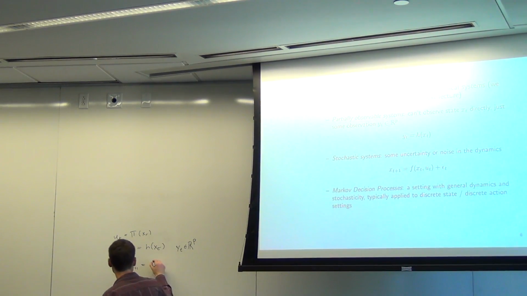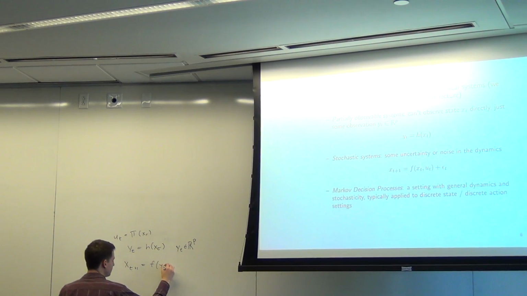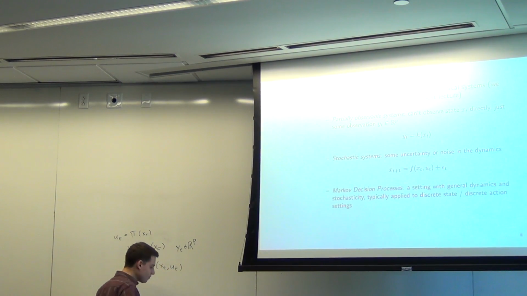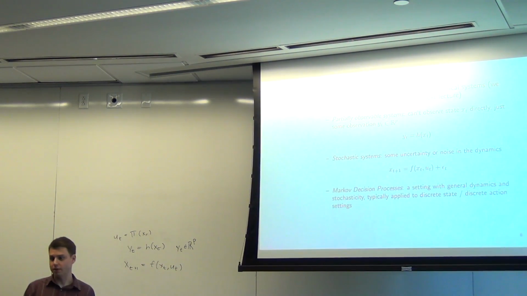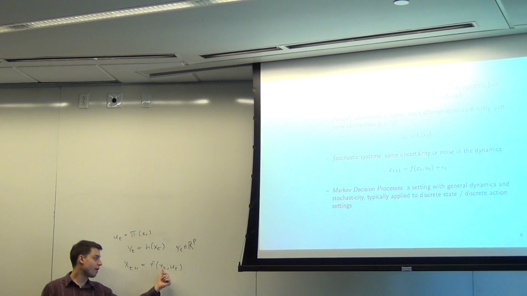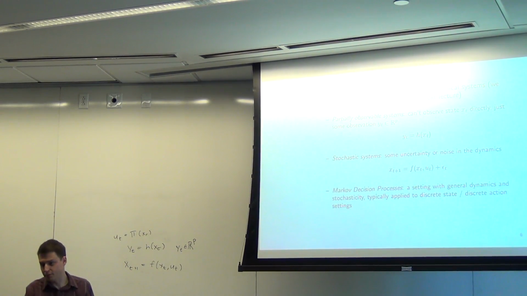If we have a system like this, x_{t+1} = f(x_t, u_t), this is a deterministic system, because the state at time t+1 is uniquely determined by the current state and the current control. We might not always know this function, but if we did, we could compute it exactly.